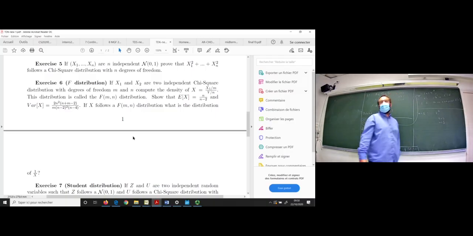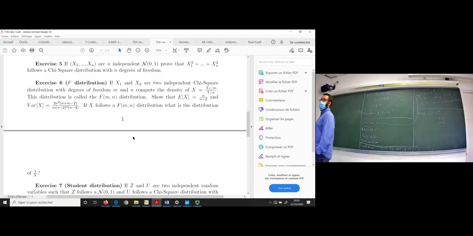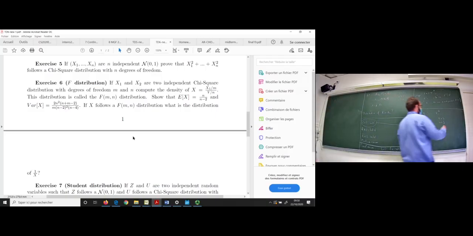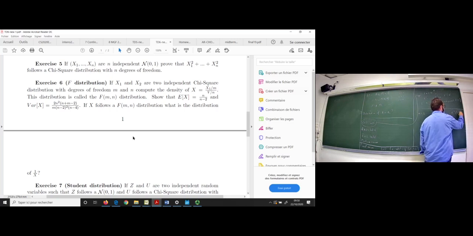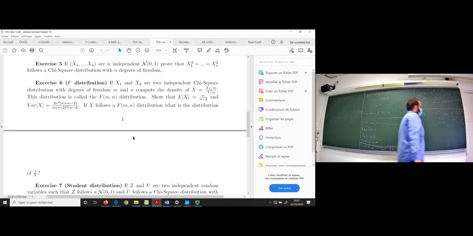We have seen together that if I have the square of a Gaussian, it is in fact a chi-square of parameter 1, or gamma(1/2, 1/2). Okay? Yeah.